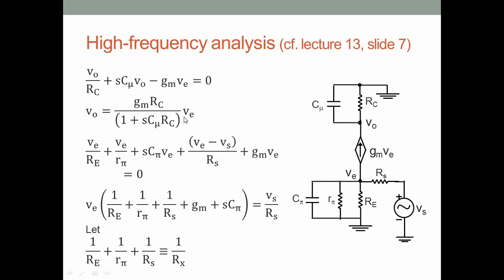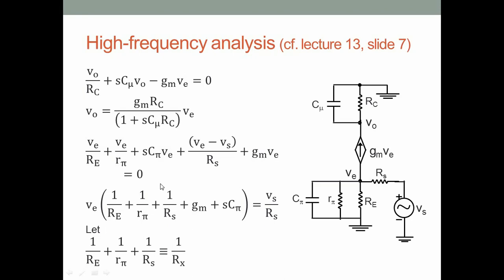And then we write another nodal at the emitter node. So we'll get VE by RE, VE by R pi, S C pi VE plus VE minus VS by RS plus GM VE equal to 0. There's only VE and VS here. So we combine all the VE terms and that becomes equal to VS by RS.